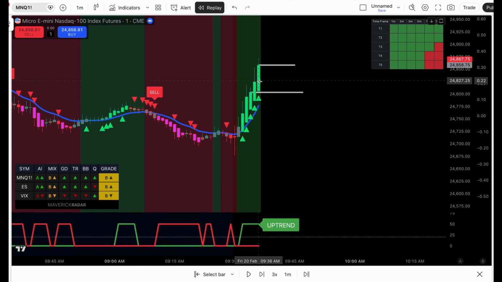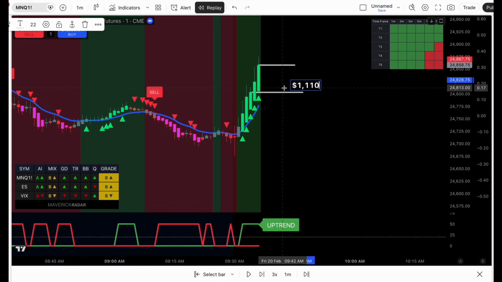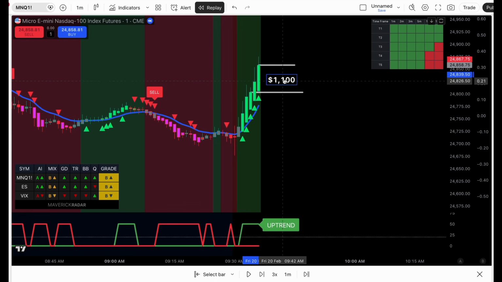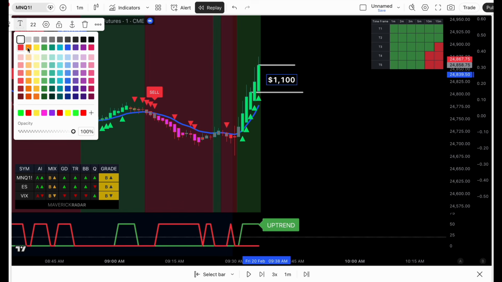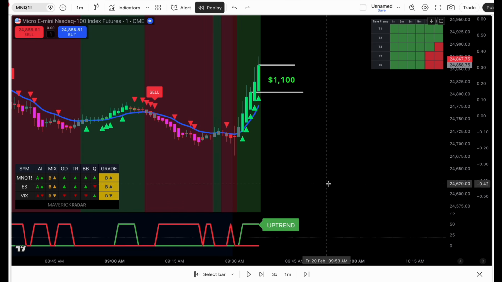So this move right here, on one contract would be, no, that's not right. Would be right there. Boom. That's what this move from here to here is, and we got to make that money, baby. There we go. Boom. 1,100 bucks on one contract. If you just waited for the B setup, and really you just took it 2 minutes into the trade. That's pretty sweet right there.